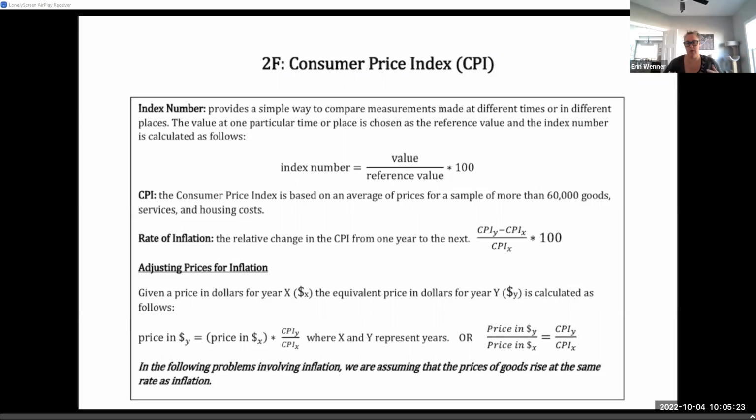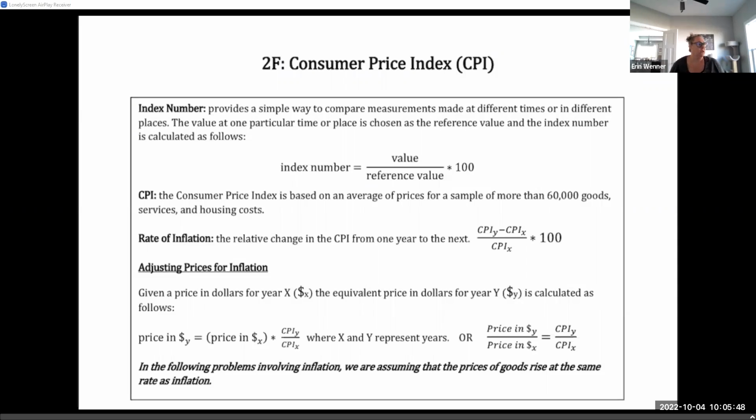2008 dollars, or so when we're dealing with CPI, we're dealing with the idea of currency conversion. We're converting prices from what the price was in, say, the year 2000 versus what the price would be now as adjusted for inflation. So CPI is how we measure inflation, and it's based upon a group of goods.